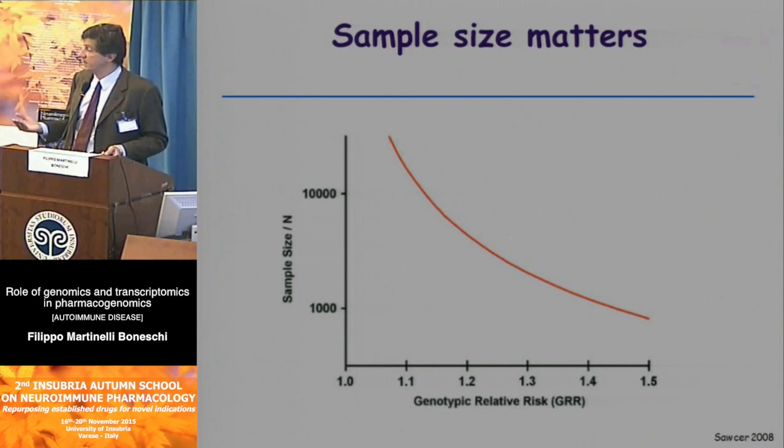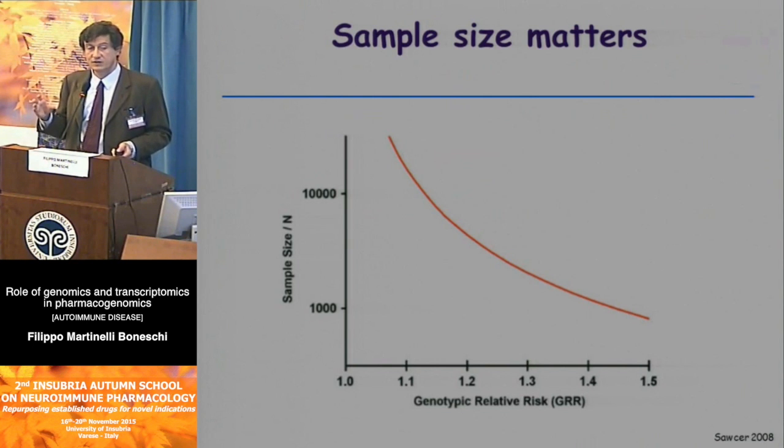If you're looking for something for which your hypothesis is that it has a very large effect size, for example a genetic variant able to predict a response to treatment and have a very strong effect, you need relatively small numbers.